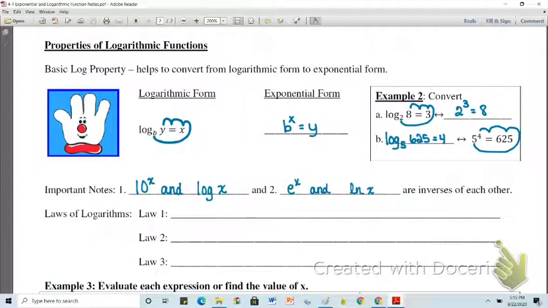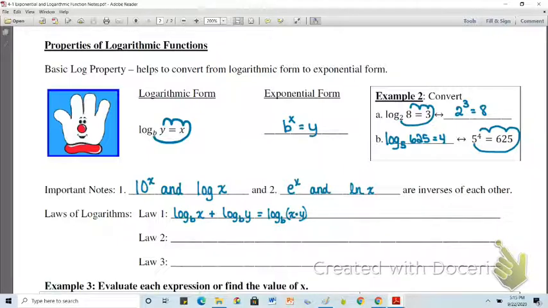So next we have 3 laws we need to write down. The first one is log base b of x plus log base b of y equals log base b of x times y. And we can bring this back to when we had exponents.